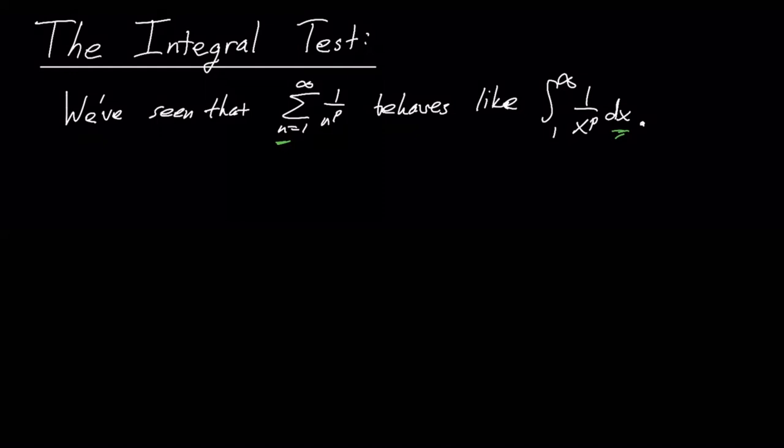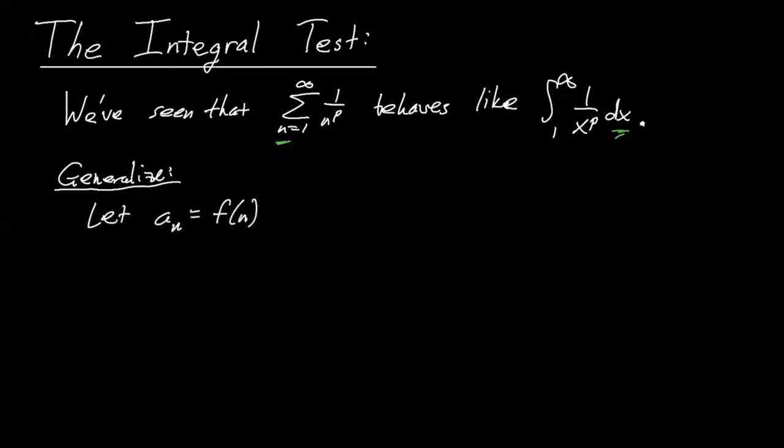So this is what the integral test says. We generalize the kind of argument we gave here. It says that if we have some series that we're trying to sum up, and each term of it is the sequence of terms, we say let a sub n equal f of n.